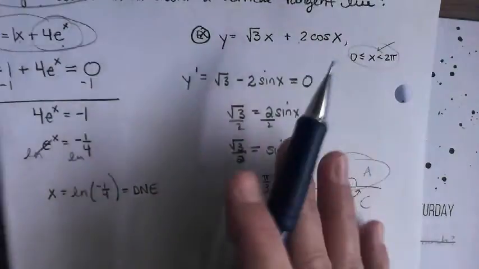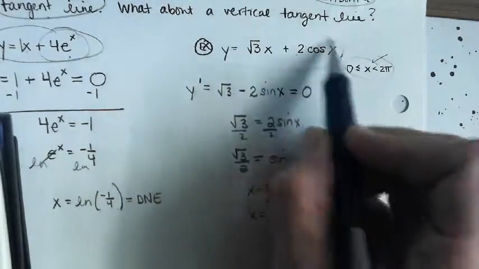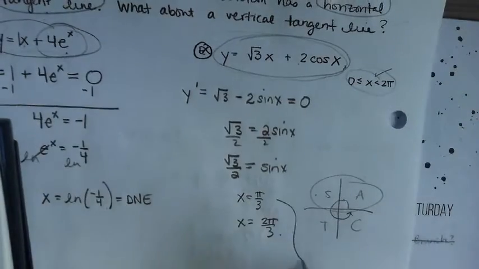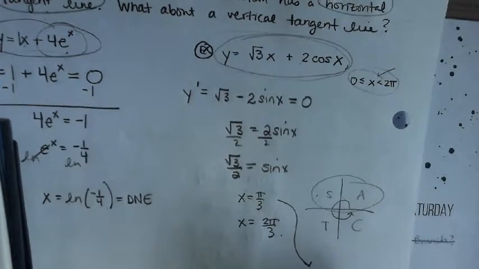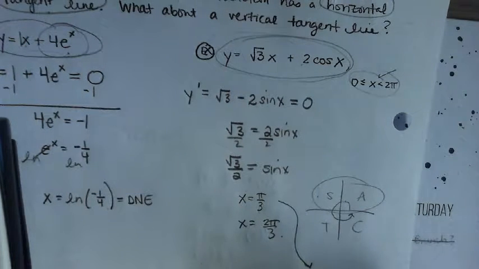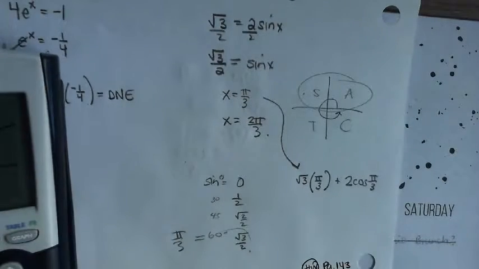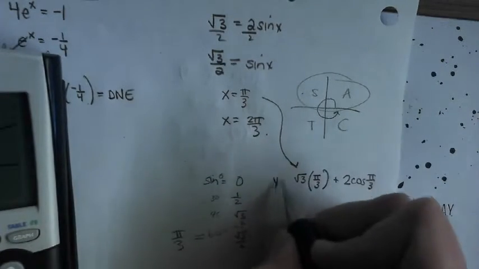To figure out the actual point, we've got to plug it back into the original. So if I plug pi over 3 back in, root 3 times pi over 3 plus 2 cosine of pi over 3. This is going to give me my y coordinate.